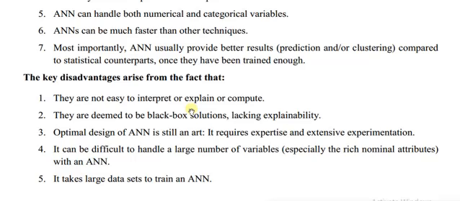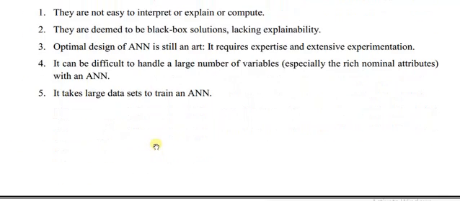Otherwise, if we give a very small amount of data, the network may not be able to learn properly, and we may end up with less accurate predictions. But if the data set is large, although it is time consuming, once the network is trained properly, we can get better results. So the availability of large data is one of the limitations for the artificial neural network.